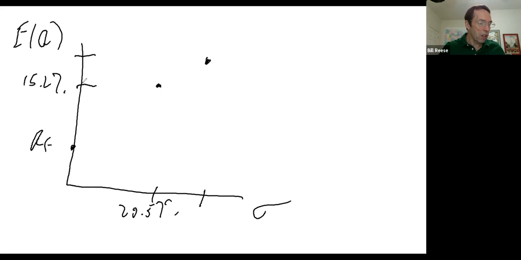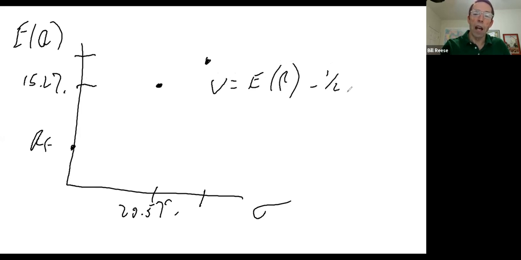So now let's take a look at our investor that has an A of 3, or coefficient of risk aversion of 3, and let's see how much utility that investor gets from this particular combination of the risky asset and the risk-free asset. Remember that our utility is equal to our expected return minus 1/2 times A, the coefficient of risk aversion, times the standard deviation of the investment squared.